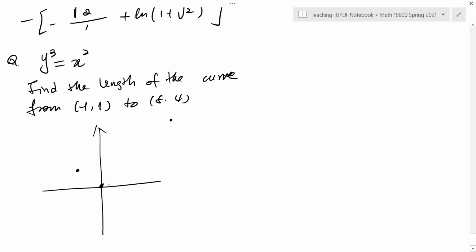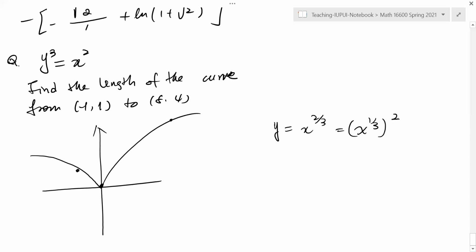If you want to draw the graph, there are a couple of ways. You can solve for y, then you get x to the 2/3. This is defined for any x, but there is a cusp at the origin. So the graph looks like that, two pieces, symmetric. x can be negative, because this is going to be x to the 1/3 and then the square.